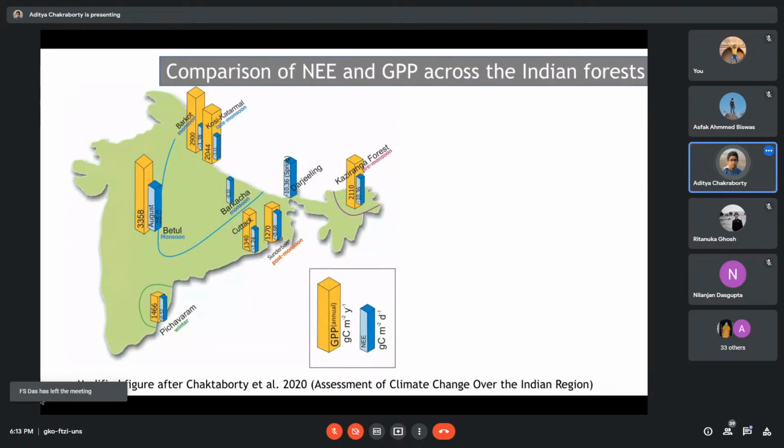The Betul forest, which is basically a teak forest, acts as a much better sink of carbon compared to Kaziranga. Similarly, another forest in Barkot in north India can also absorb more carbon than Kaziranga. In Barkot it is 2,900, and in Kosi Katarmal it is 2,400, which is almost equal to that of Kaziranga forest.